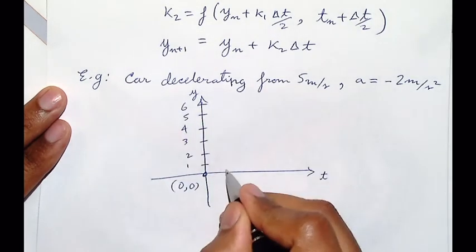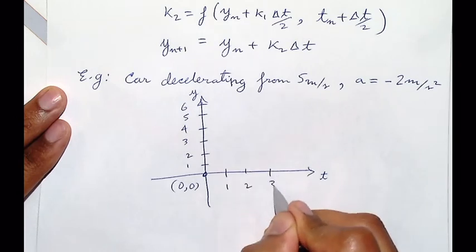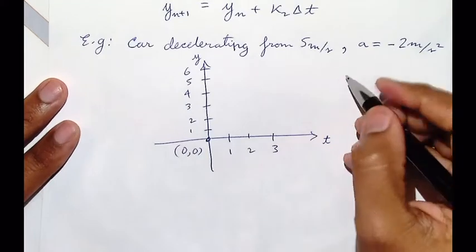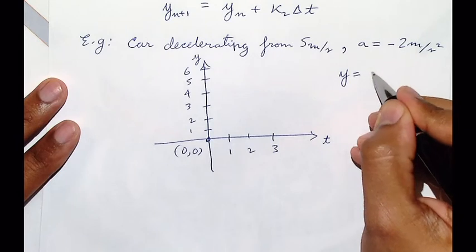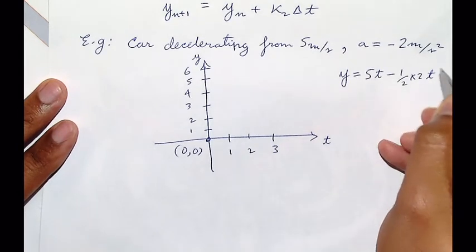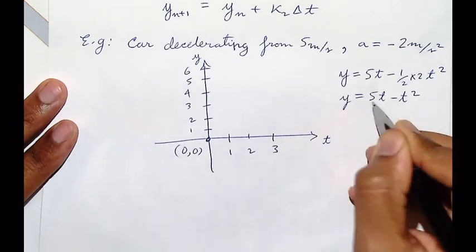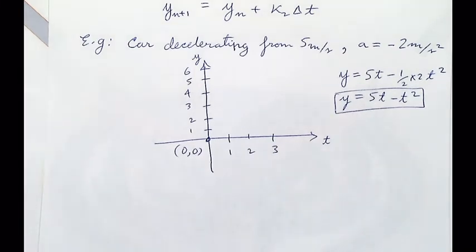Okay, so the car is decelerating from that, which means y equals ut plus half at squared, so 5t minus half times 2t squared, 5t minus t squared. All right, fine. So this is the parabola that should describe the motion of the car.